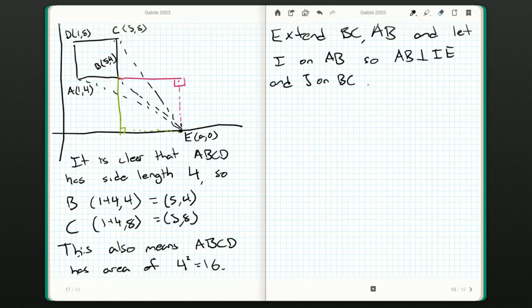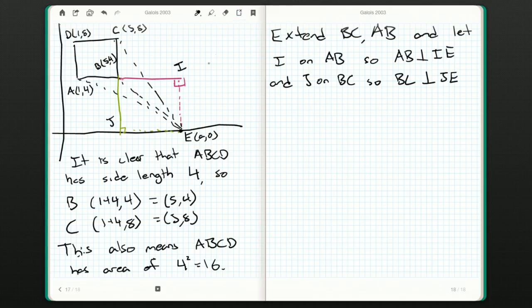And we'll have J on BC so that it makes a right angle when we connect it up with E. Alright, so we have this one's I and this one's J. So I will have coordinates, we'll call it (I, 4), and J will have coordinates (5, J).